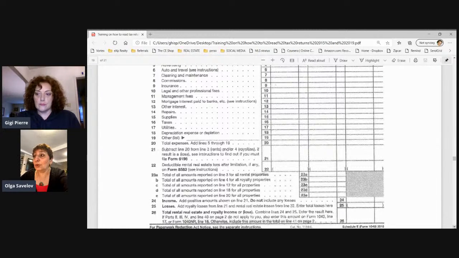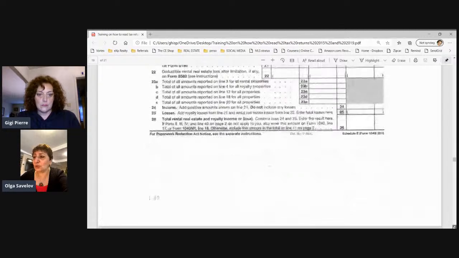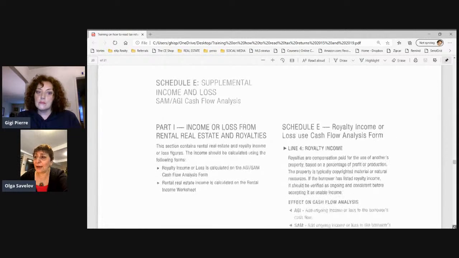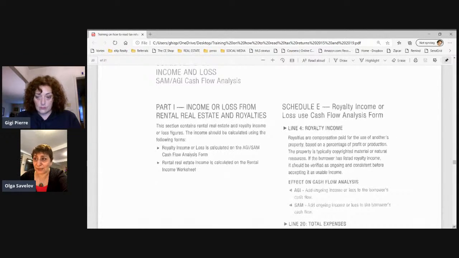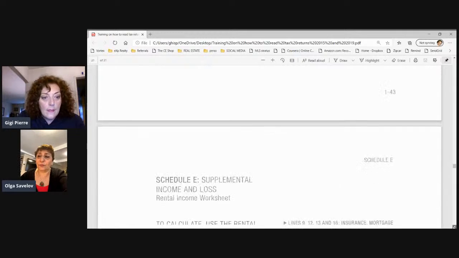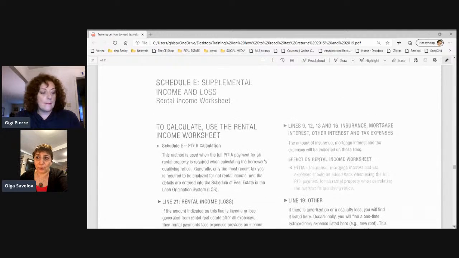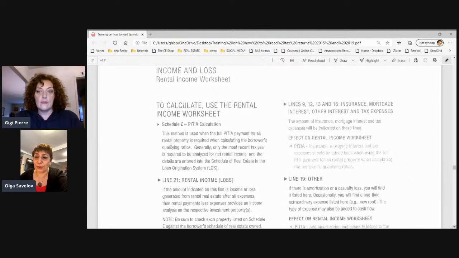Next page. On page 20, it explains in full detail what each deduction means and whether it's possible to deduct. Pages 20 and 21 give you full details of all the deductions on your tax return, what they mean, and how much is deducted.